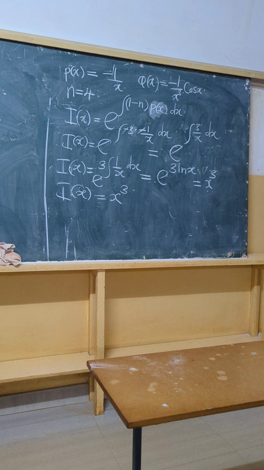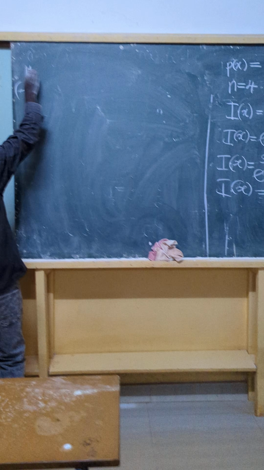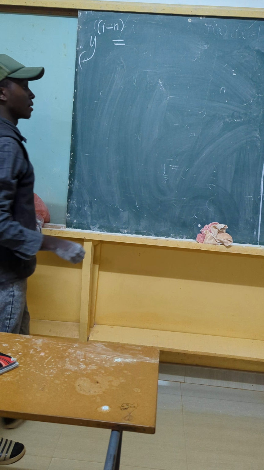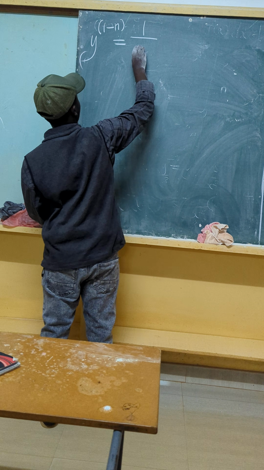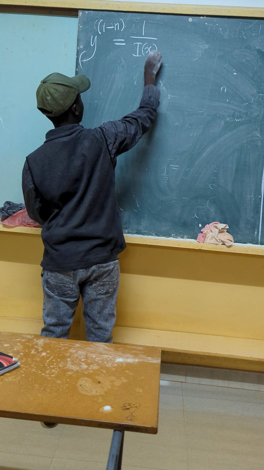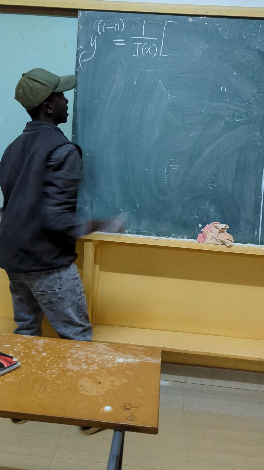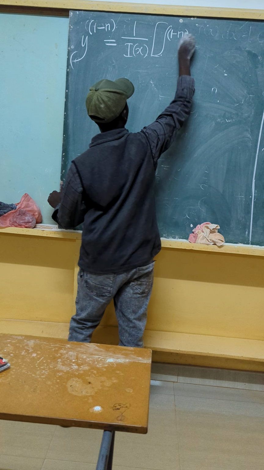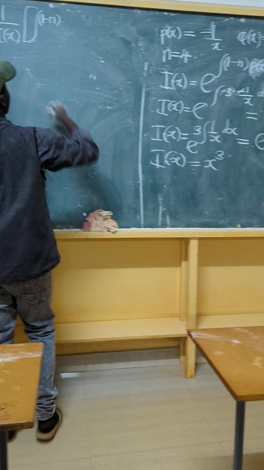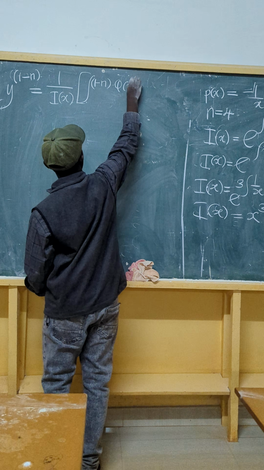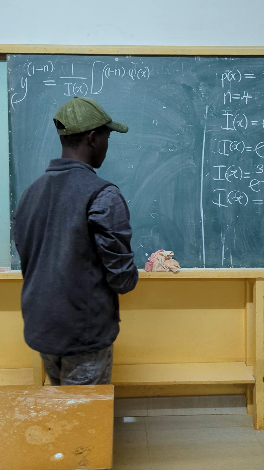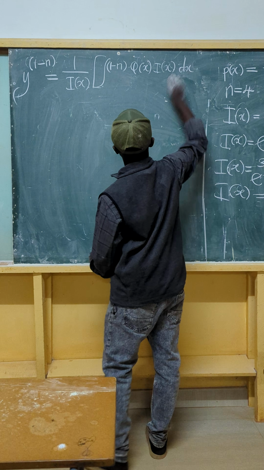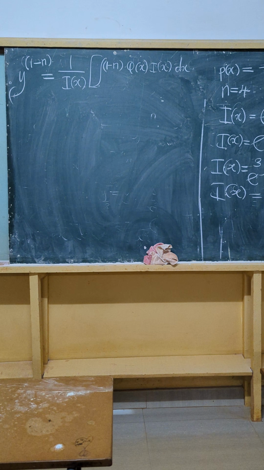The general standard form is y to the power 1 minus n equals 1 over the integrating factor, times the integral of 1 minus n, q of x, I of x, dx. So this is the standard form of the Bernoulli.